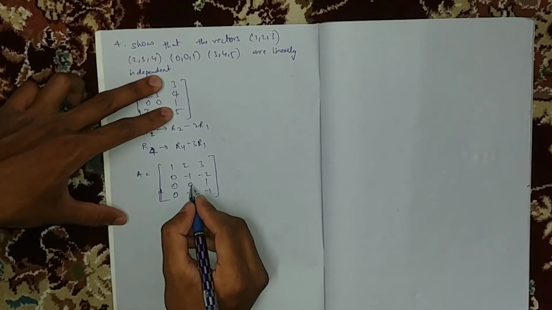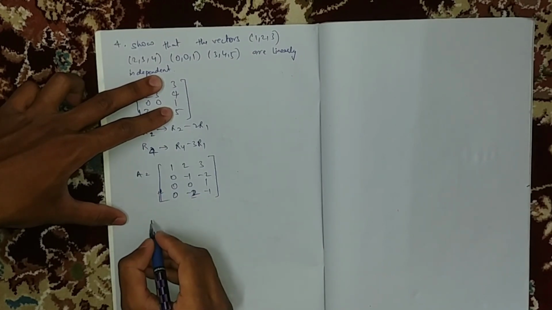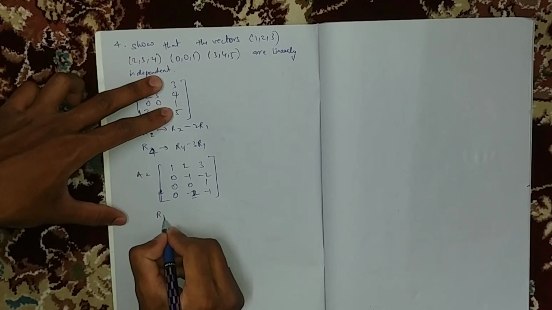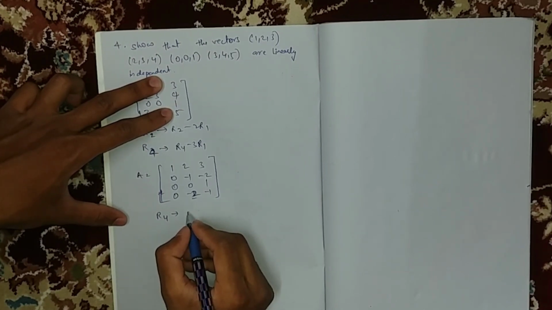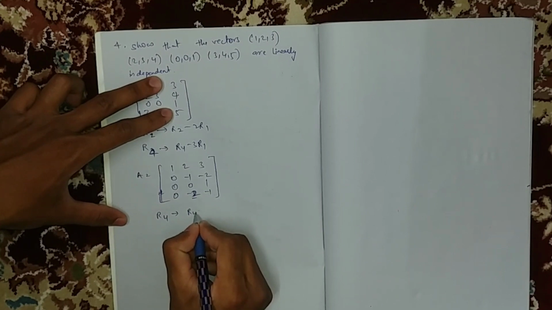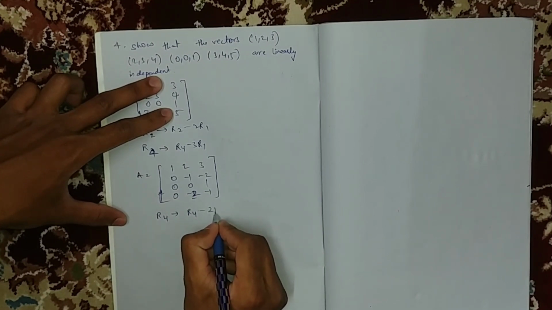Now you need to make this element 0. So R4 gives R4 minus 2R2.